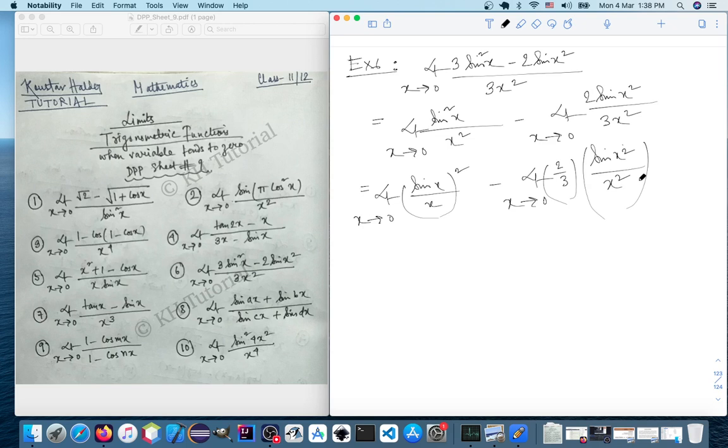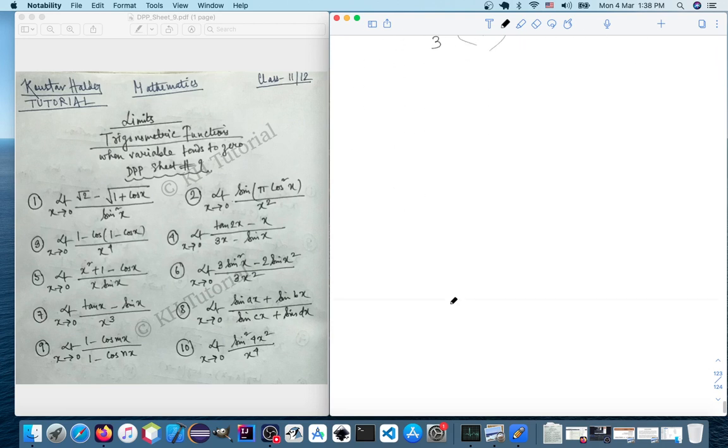So this was a pretty simple problem. Now if we apply the standard result, we get the limit as 1 square minus 2 by 3 into 1. This is 1 by 3. 1 by 3 is the answer.